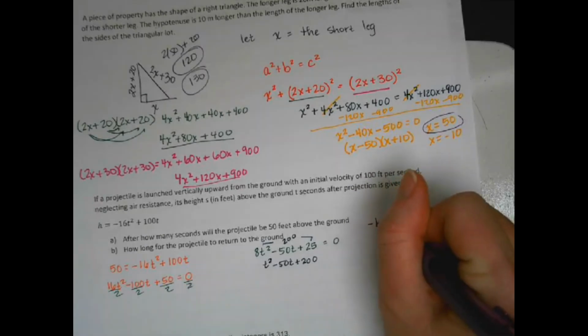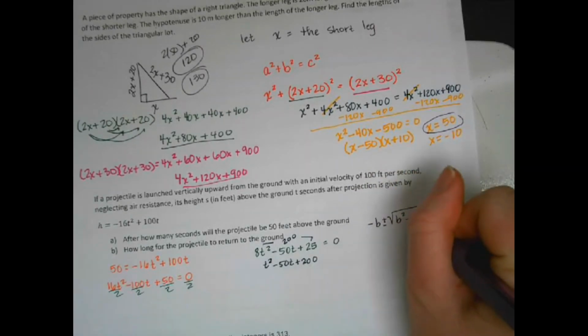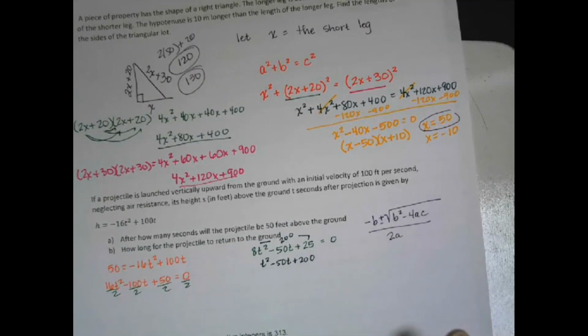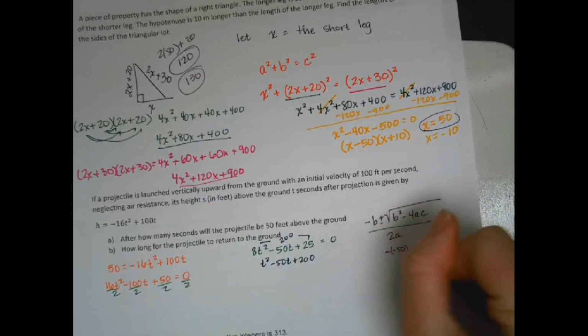Negative b plus or minus the square root of b squared minus 4ac, over 2a. So negative 50.